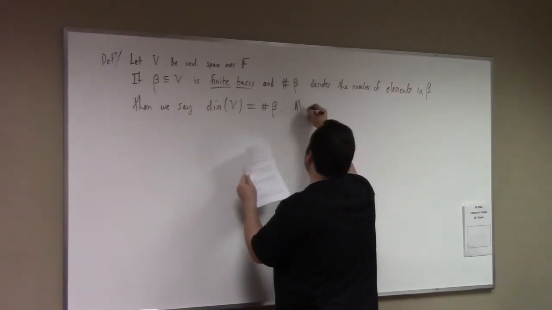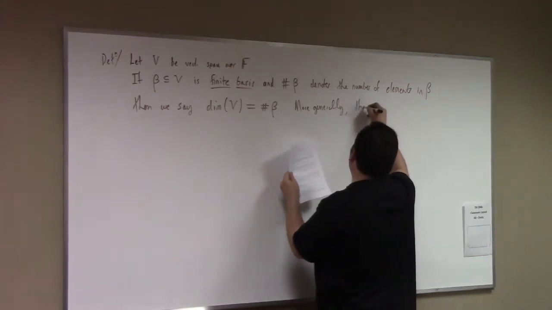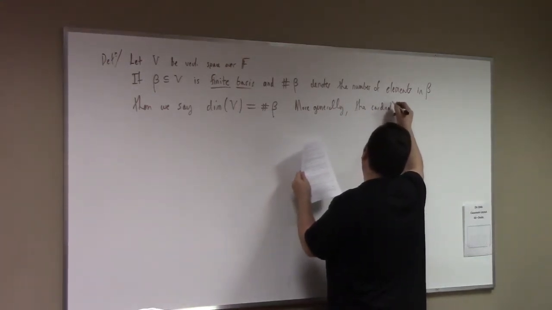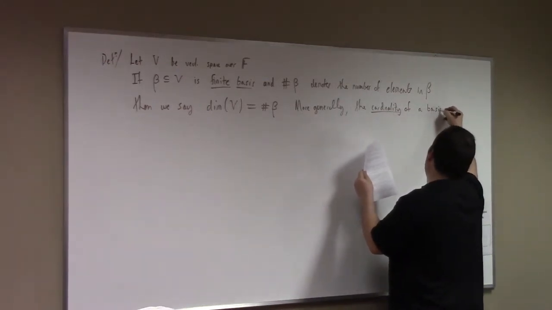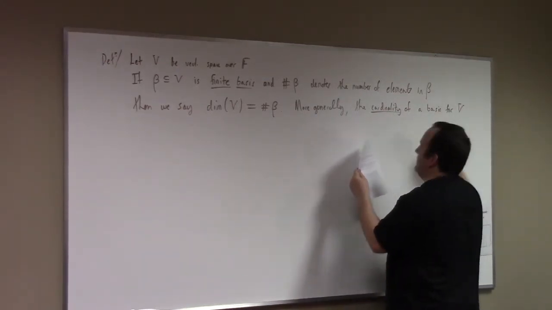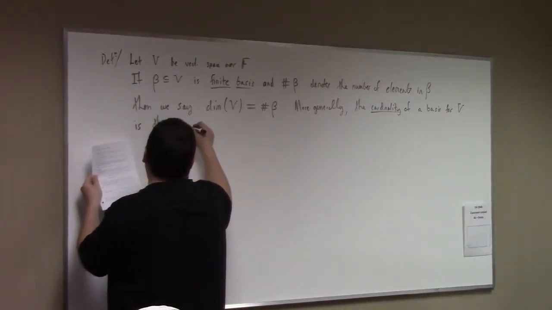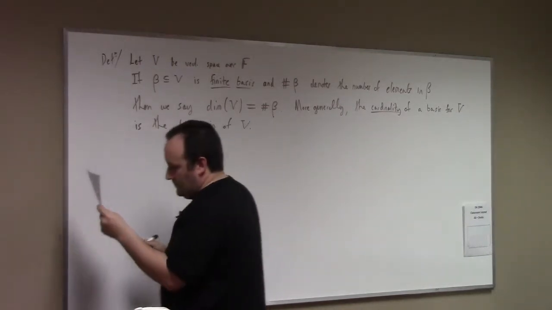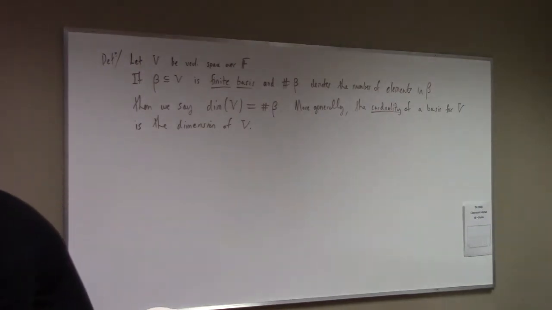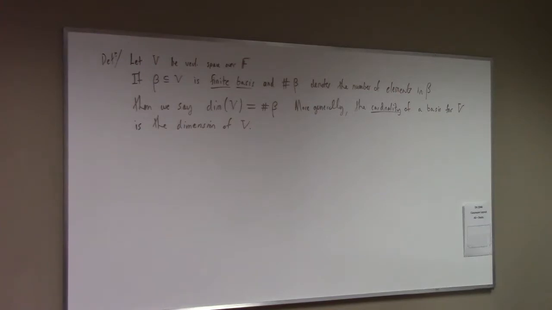More generally, the cardinality of a basis for V is the dimension of V. Right. If it has a finite basis, it's said to be a finite dimensional vector space. For the most part, we study finite dimensional vector spaces in here.